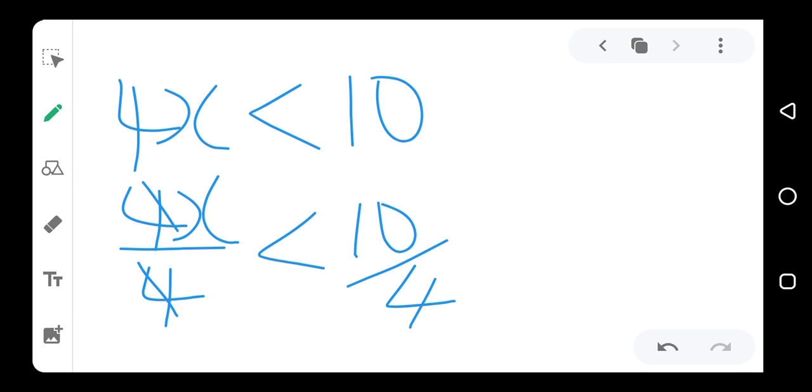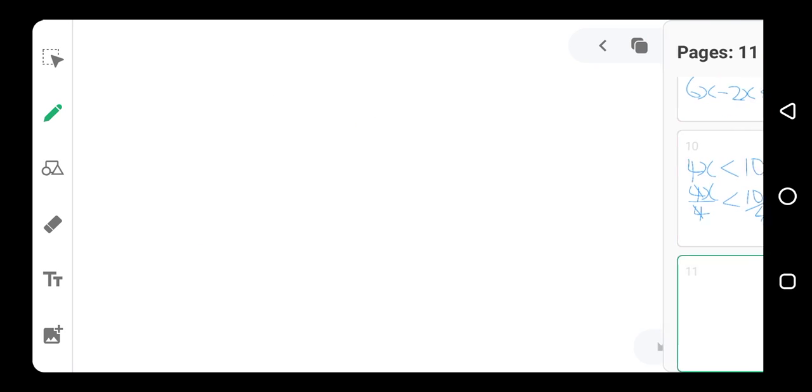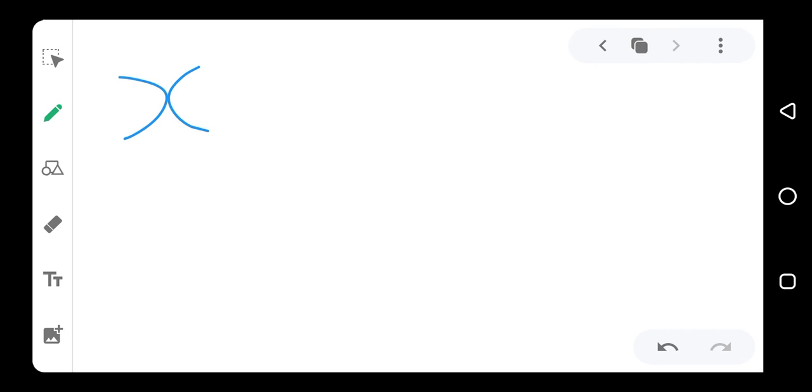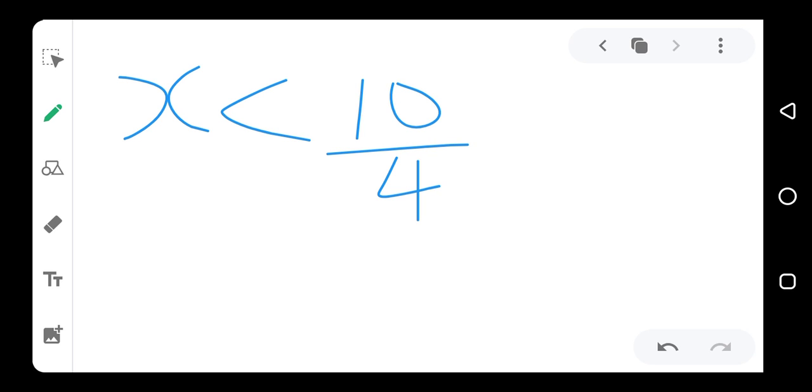So x is therefore less than 10 over 4, which we can divide further to get 2 whole number 1 over 2.